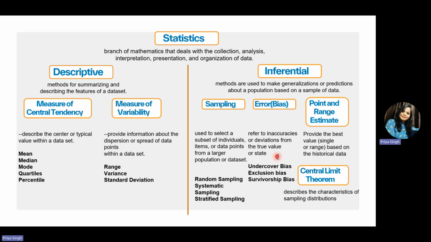Next is exclusion bias. Certain data points are deliberately or unintentionally excluded from the analysis. For example, if a health study only includes young people, it excludes older age groups. So you are unintentionally excluding or deliberately doing that. Third one is survivorship bias. We only consider data from survivors and ignore those who didn't make it.